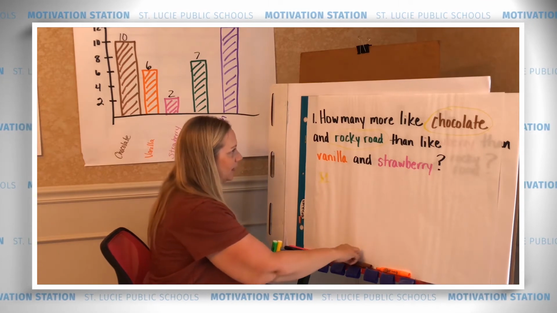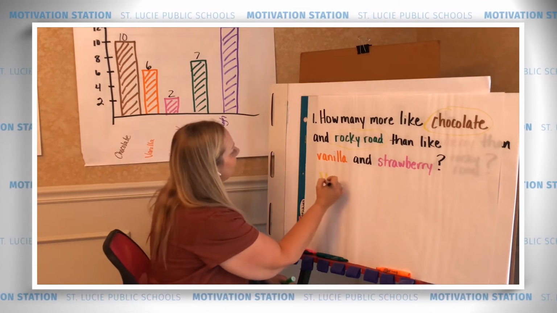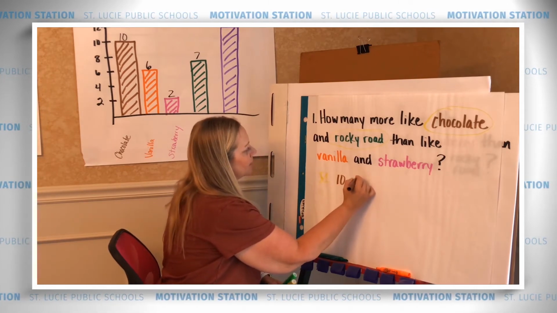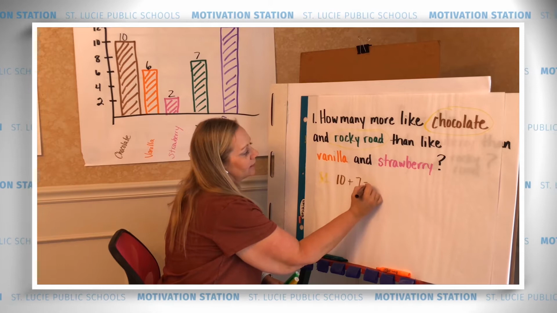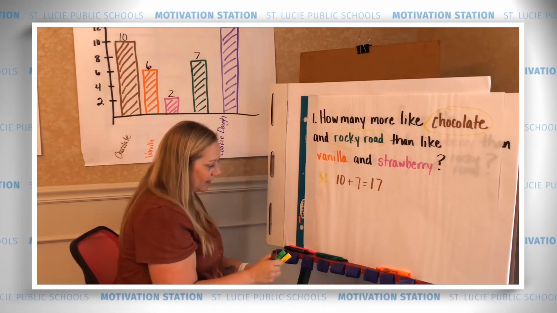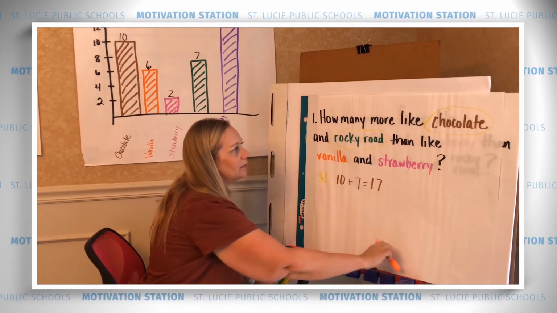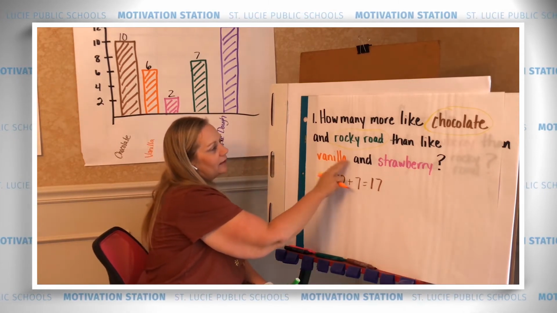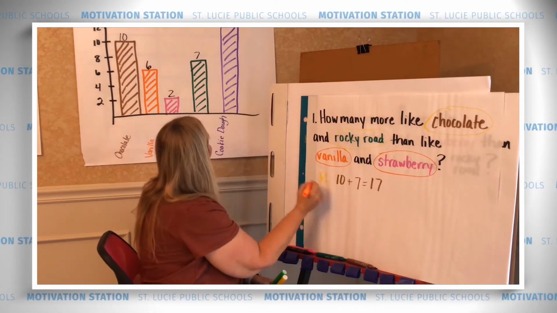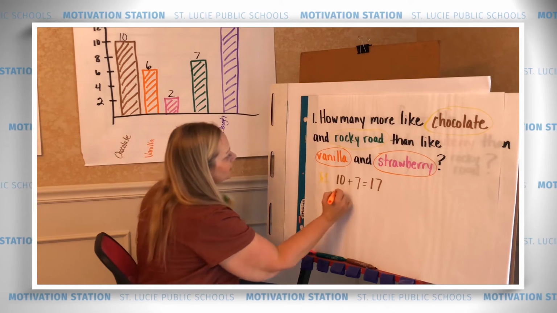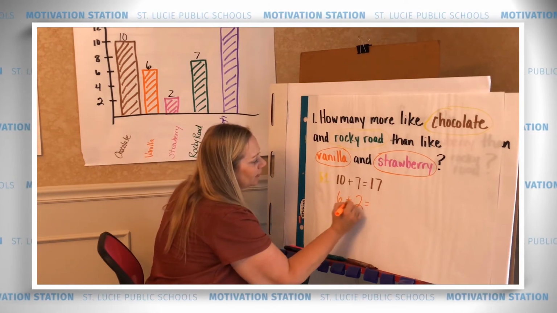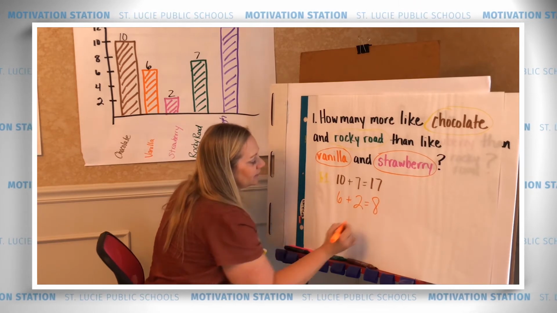If I put those together, chocolate was 10 plus Rocky Road was 7, and I know that 10 plus 7 is 17. Then if I look at step 2, that will be adding vanilla and strawberry together. Those are my next grouping. Well, vanilla was 6 plus strawberry is 2. And I know that 6 plus 2 is 8.